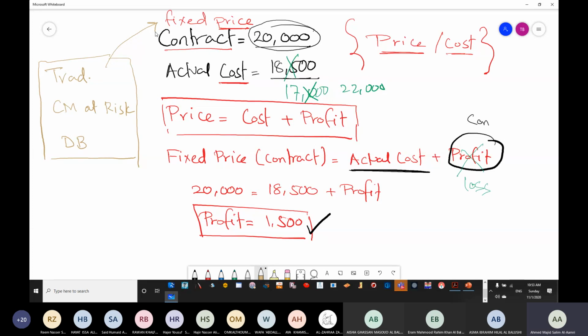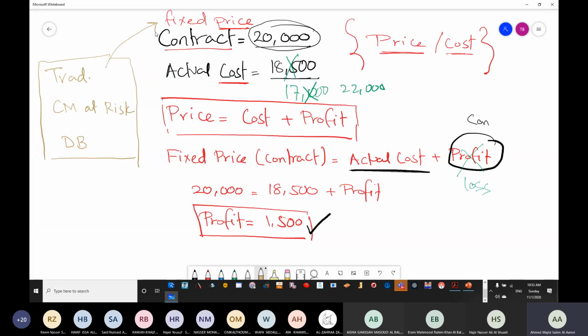Now, in construction management at risk, we said we require a construction manager because the project is untypical or complicated. Same thing for design build. For design build, I will not pay an extra amount of money for a company unless the project is complicated.